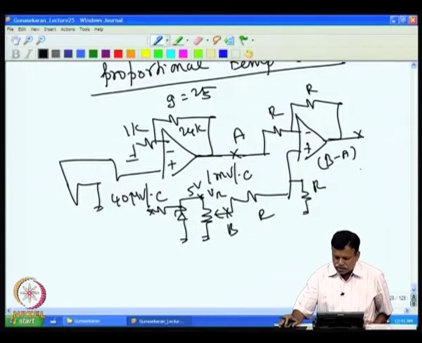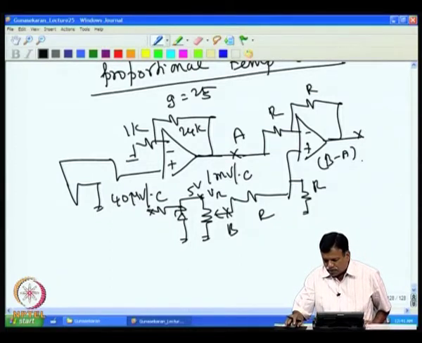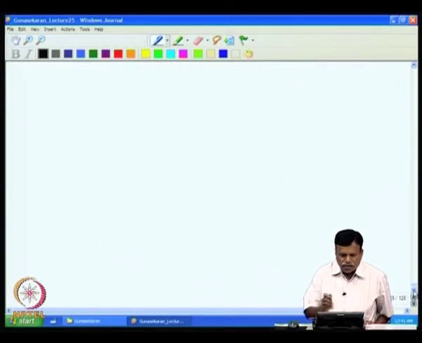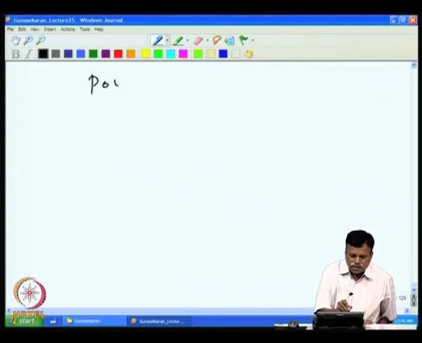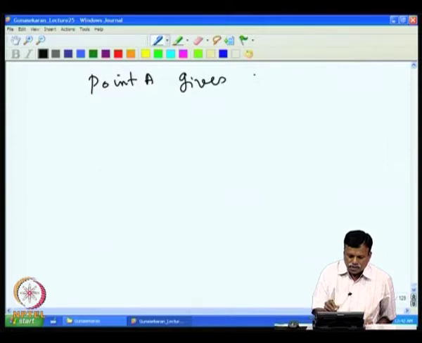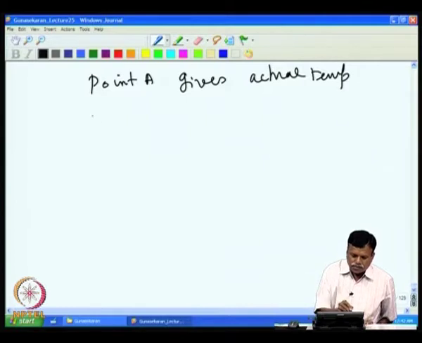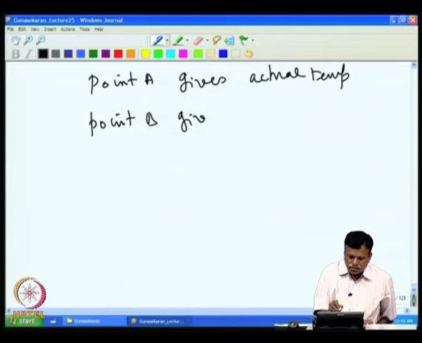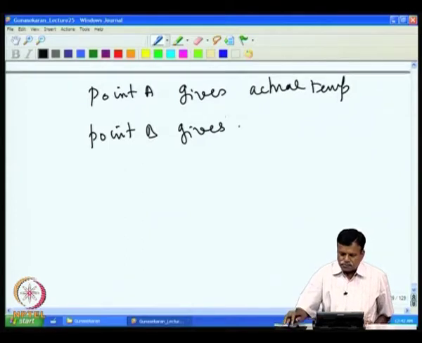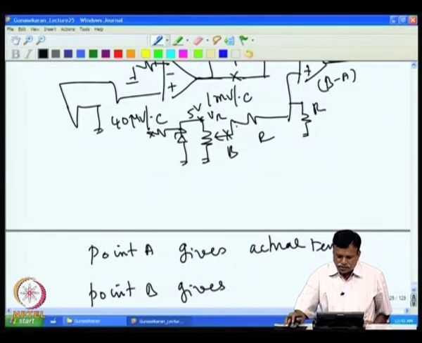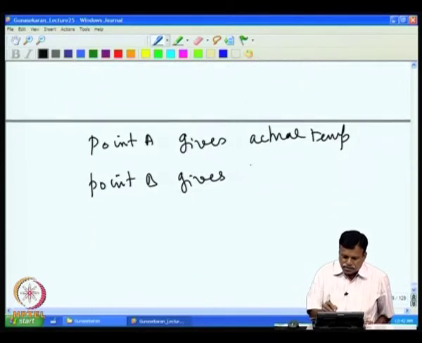So, point A gives you the actual temperature. Point B gives you the reference temperature, that is the set temperature.